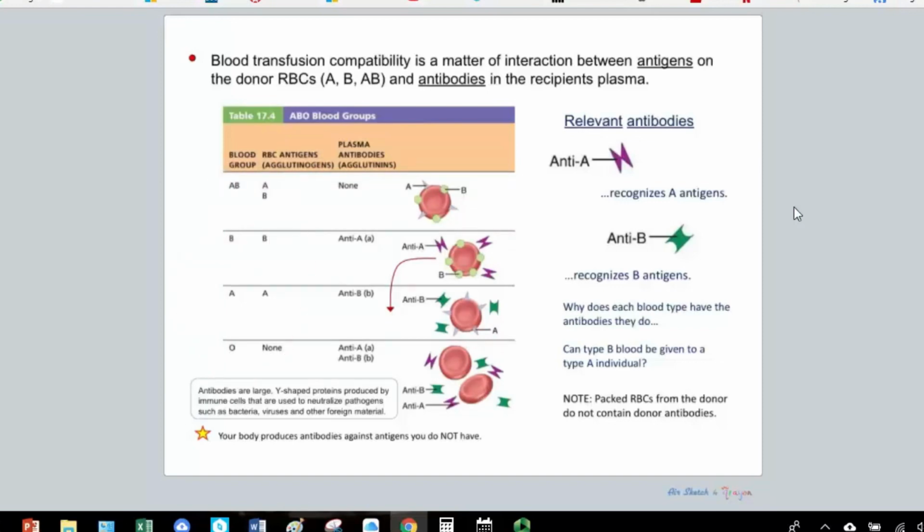The next thing that we need to look at are antibodies, antibodies that we find in the blood of these particular individuals. An antibody is a large Y-shaped protein produced by the immune cells that are used to neutralize pathogens such as bacteria, virus, and other foreign material, including foreign red blood cells.